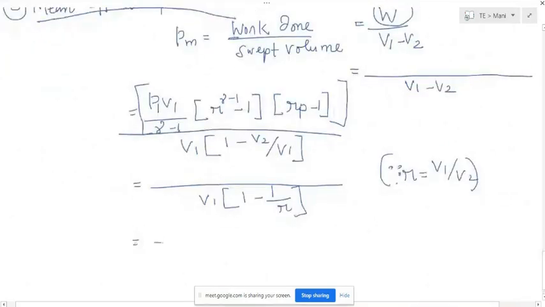Okay, again simply taking LCM here, V1 into r minus 1 divided by r.